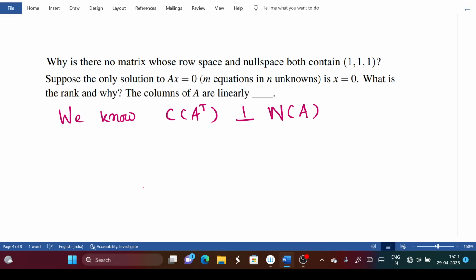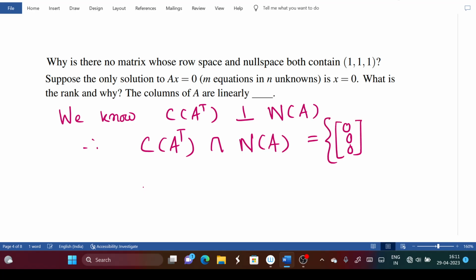They are orthogonal complements of each other. Hence, row space intersection null space is equal to (0, 0, 0). Only one vector, no other element is contained.